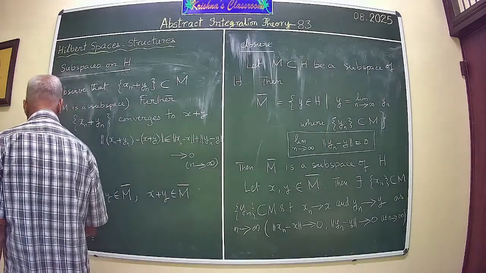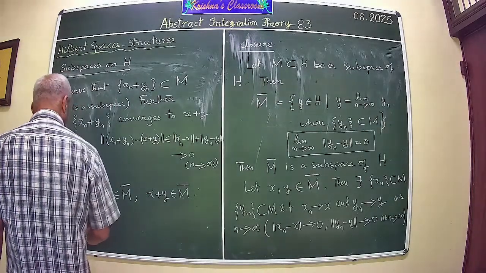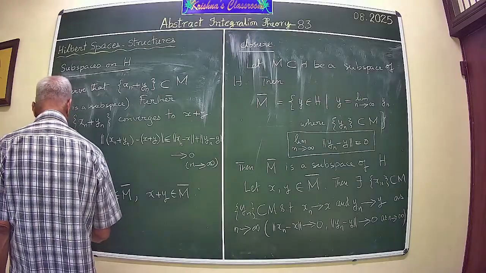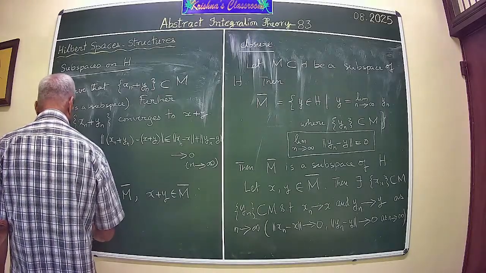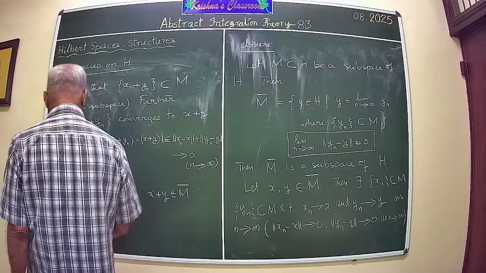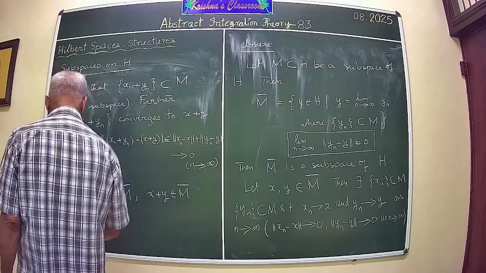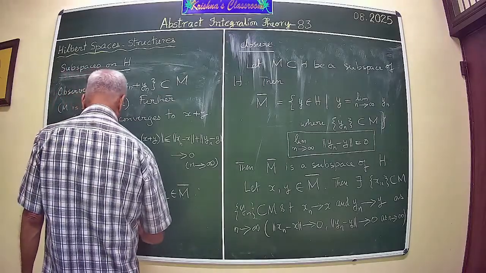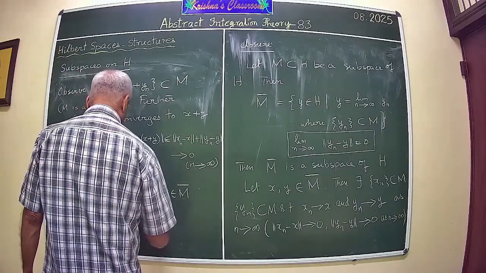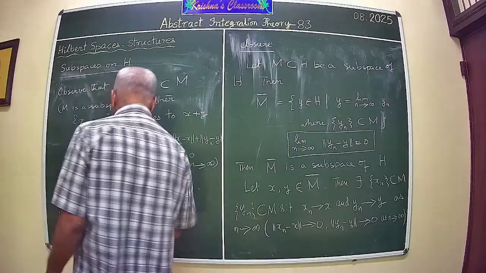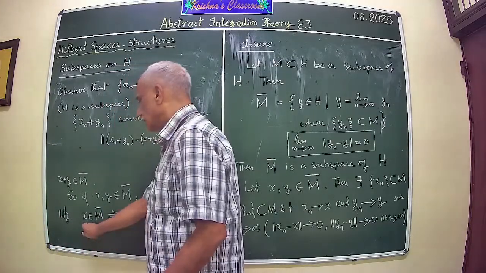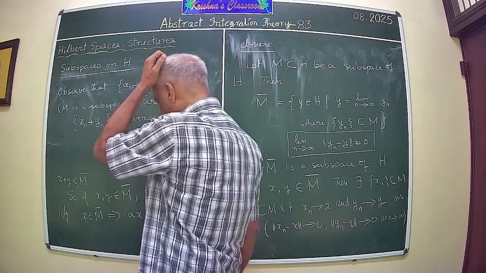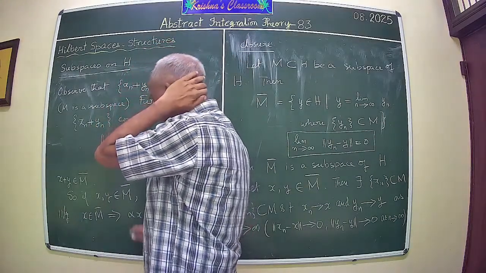Similarly, this is because there is a sequence xn in M which converges to x, and then alpha xn converges to alpha x.